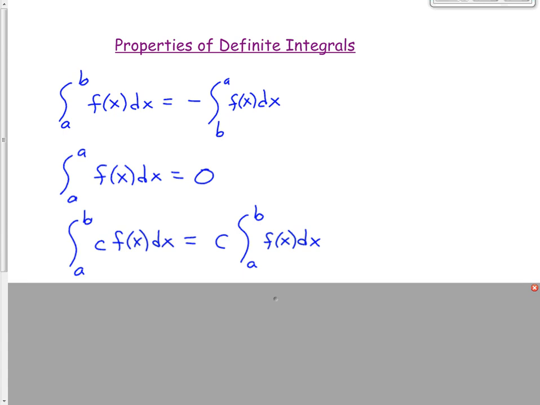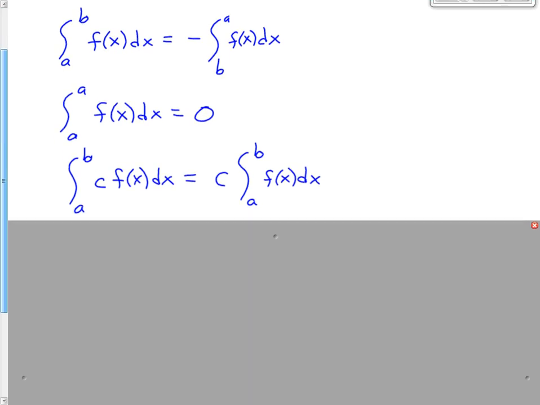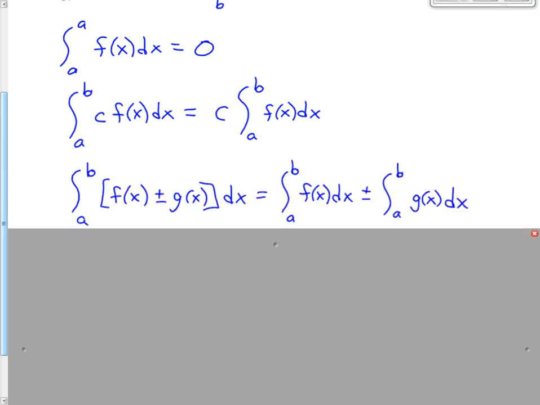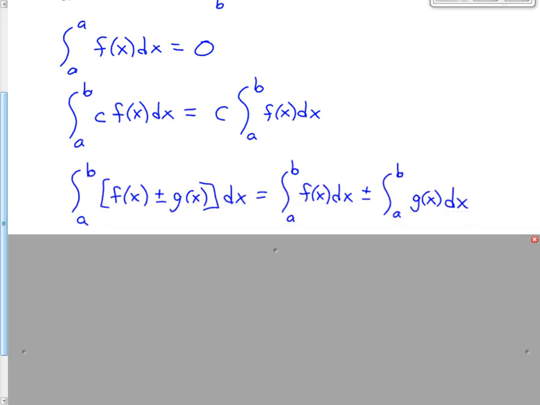If we have the integral from a to b of a constant times a function, we can pull that constant outside of the integral and calculate the integral and then multiply by the constant at the end. We can split up functions within an integral.